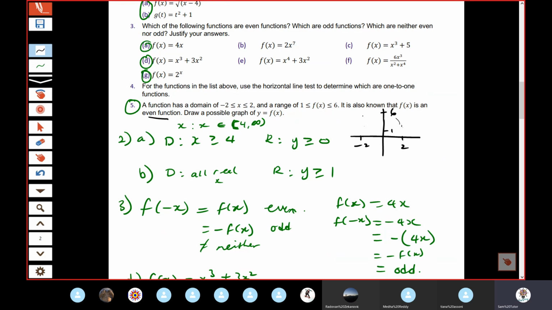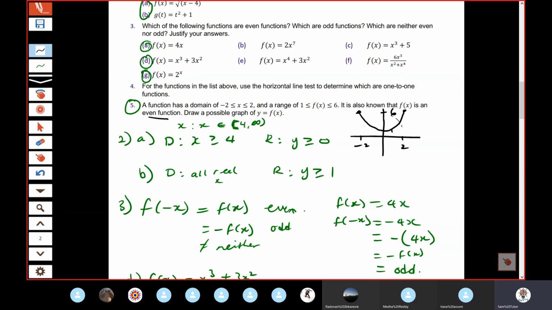I would have done like a parabola kind of thing. So I started somewhere here, -2 and 6. Maybe come down, and then again, there, at 2 and 6. Then it's symmetrical again, isn't it?